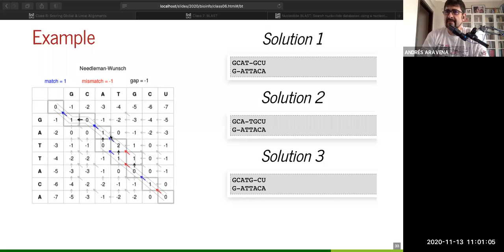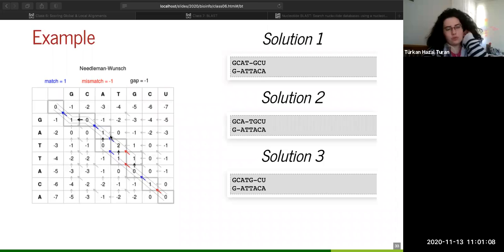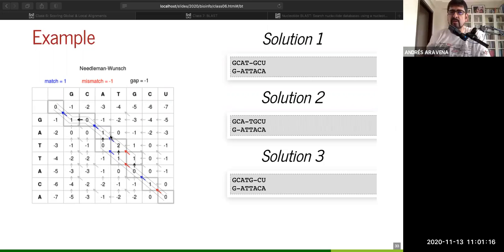Okay? We go from top left to bottom right so far, but the arrows show the other way, because you have two parts. We go from top left to bottom right to get the score. And after you got the score, you trace back. That is why we call it traceback, to put the gaps. It's something that you do after.